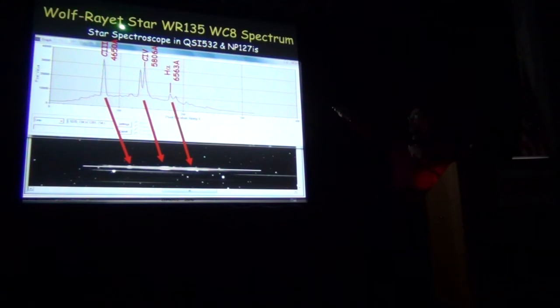So, Wolf-Rayet stars come in carbon or nitrogen types, and what they have is a disk of material around the star. When the star's energy is hitting that disk, that cool gas is re-radiating out, and what you're seeing is, here's carbon, and the 3 I's means that it's doubly ionized, and that's at 4650 angstroms.